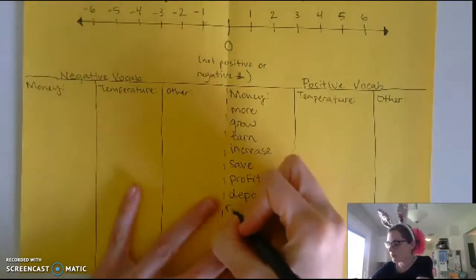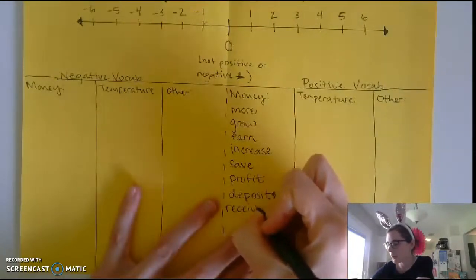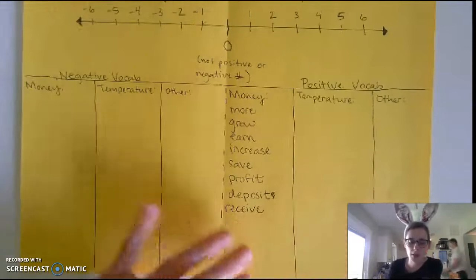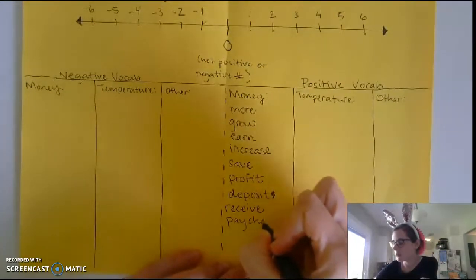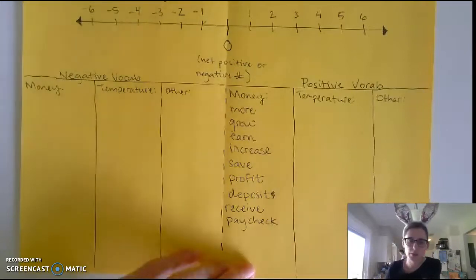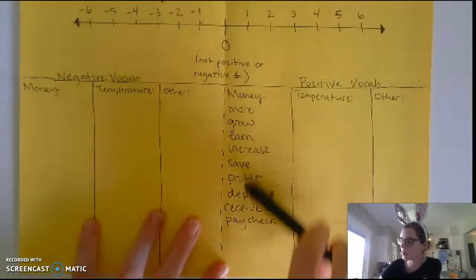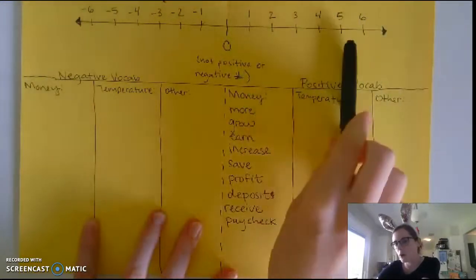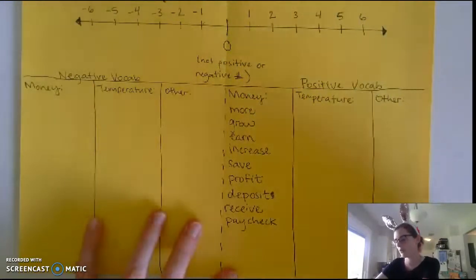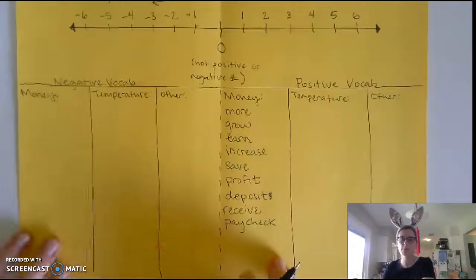And you receive. If I receive money, let's say I received my paycheck, I am increasing the money that I'm getting into my bank account. So all of these words are talking about dealing with the positive side, or at least working towards moving towards the positive side.